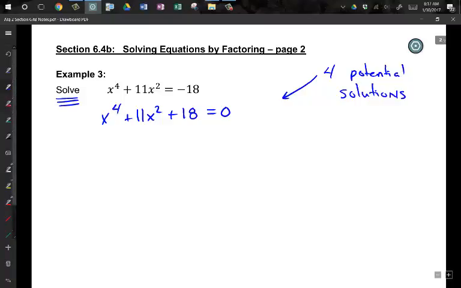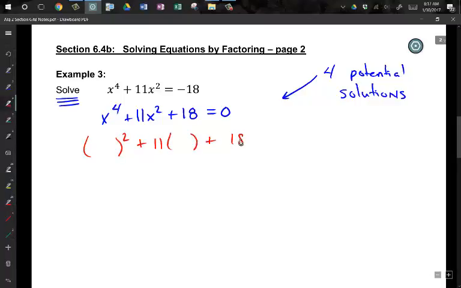All right, so let's write this down. Parentheses squared plus 11 times parentheses plus 18 equals 0. Once again, what goes in the parentheses is my x squared, and there we are. Tell me, if you would, what multiplies to 18? 2 and 9.